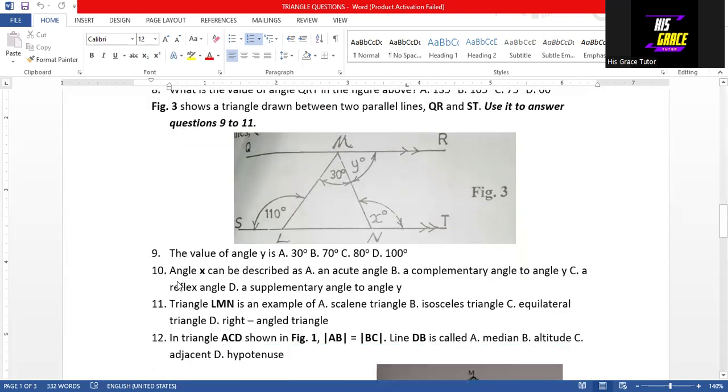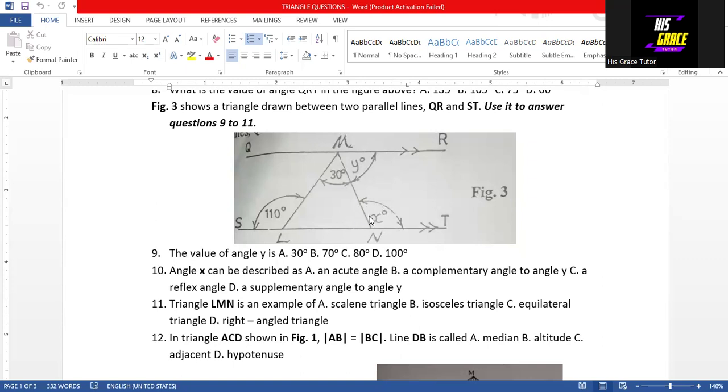Then question 10 says that angle X can be described as, so the answer to this question is option D, can be described as a supplementary angle to angle Y. So if this angle here is angle Y, the sum of the angle at this point and the angle at this point, that is angle X, will be 180 degrees.